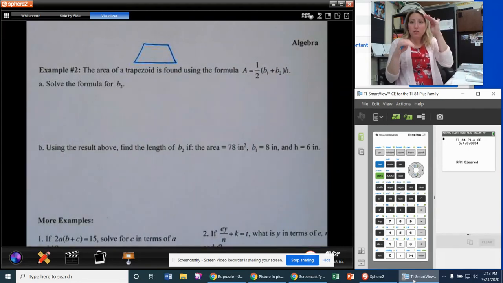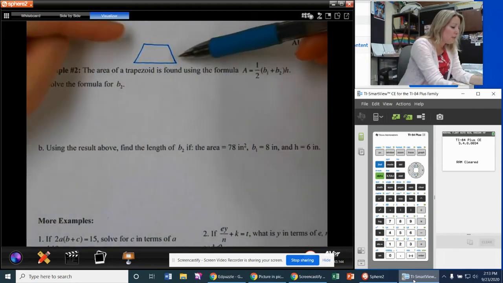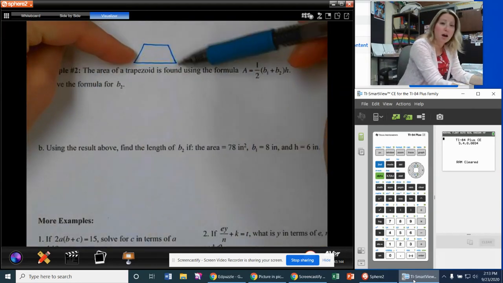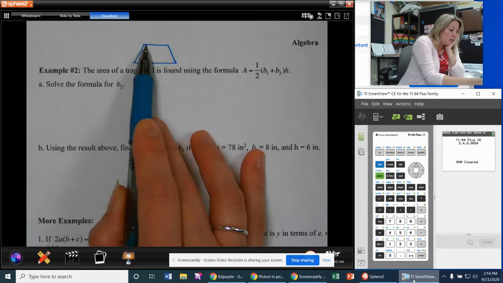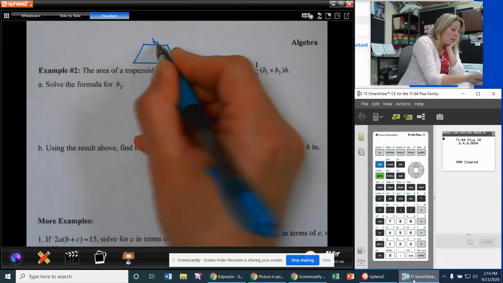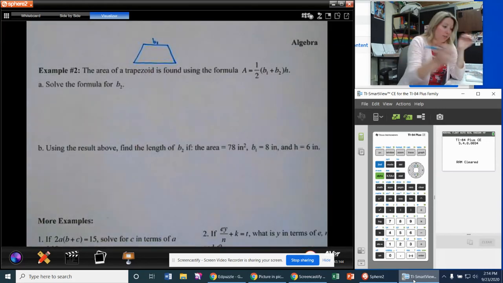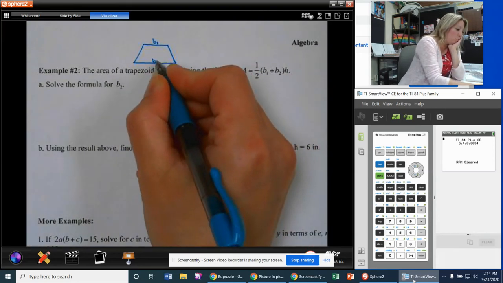A trapezoid has 2 parallel sides, and those parallel sides are connected by sides that are not necessarily parallel, not necessarily equal. So it's a 4-sided figure where this is base 1, which has a separate length from base 2.